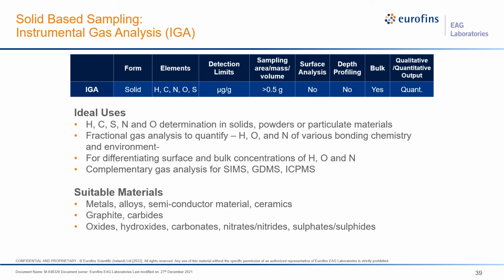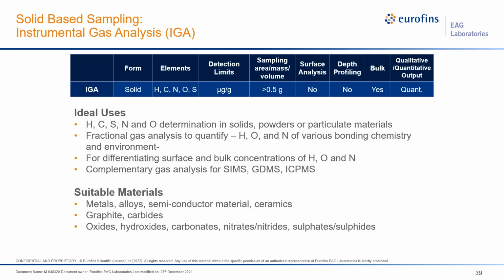It's suitable for solids, powders, or particulate materials. In some cases, it can provide fractional gas information as well, such as to inform about bonding chemistry. It can provide surface versus bulk information. And it is used as a highly complementary part of a suite of analyses that are used in conjunction with SIMS, GDMS, and ICP-MS.